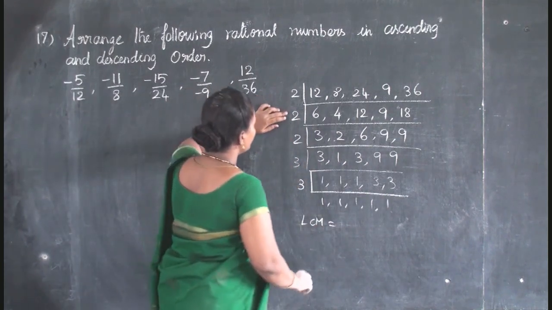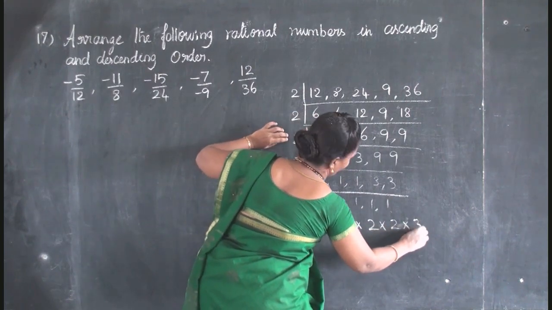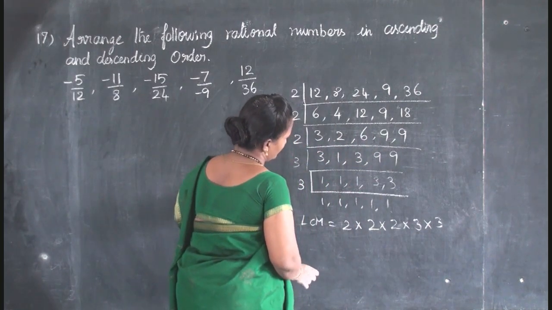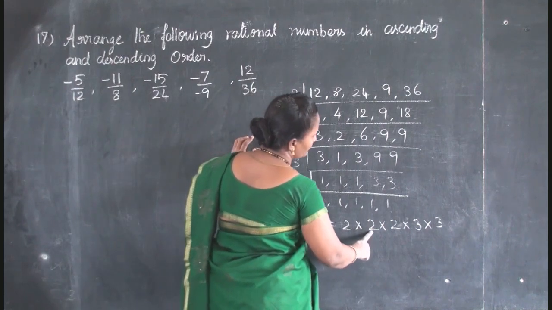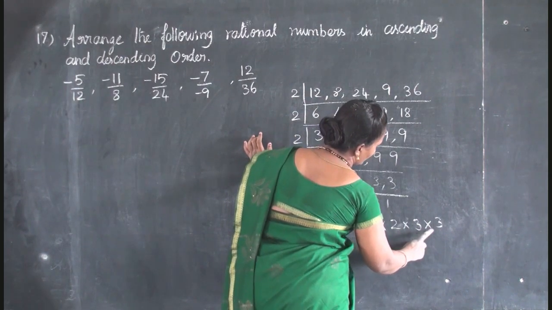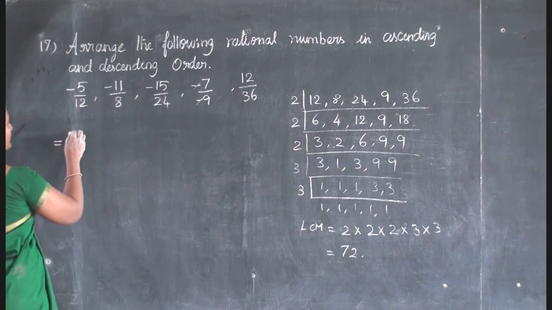What are the factors here? 2 into 2 into 2 into 3 into 3. 2 4s are 8, 8 3s are 24, 24 3s are 72. Now rearrange the numbers.